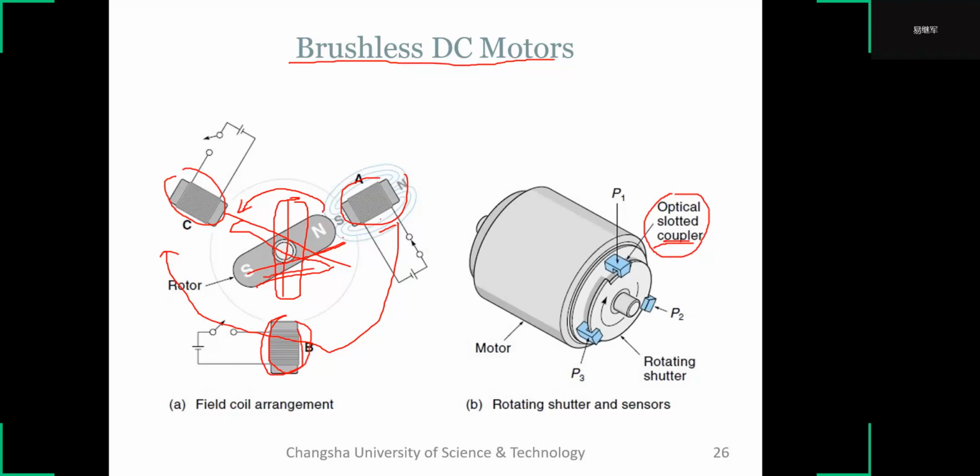When this slot moves into the coupler, it can be sensed by the coupler, so the power is turned on for this coil.